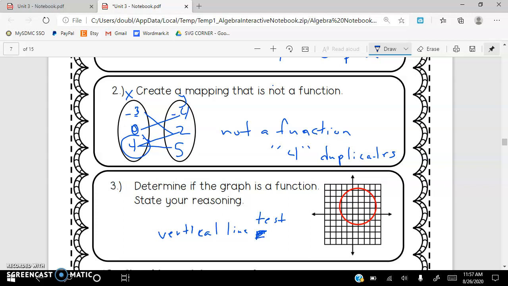Okay, and a lot of points. So this is not a function because it doesn't pass the vertical line test.